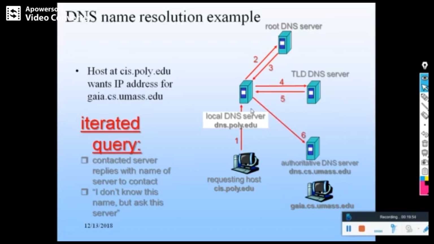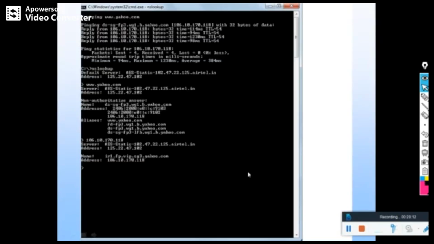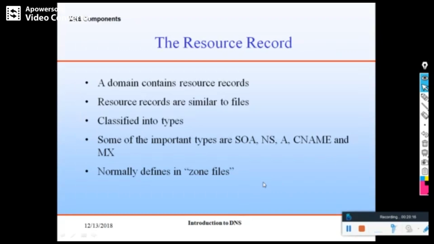So now my machine contacts the authority DNS server for this domain, that is cs.umass.edu. This DNS server knows the address of this one. It will give the address, and our local DNS server returns the address to our machine. Our machine will now contact the server.